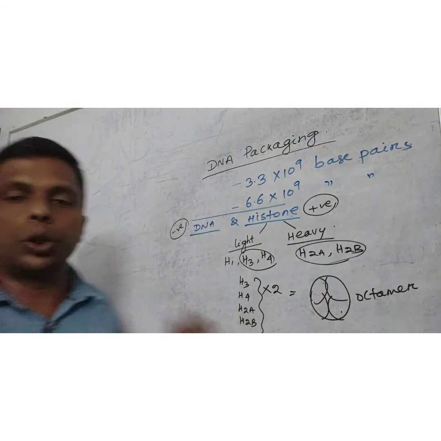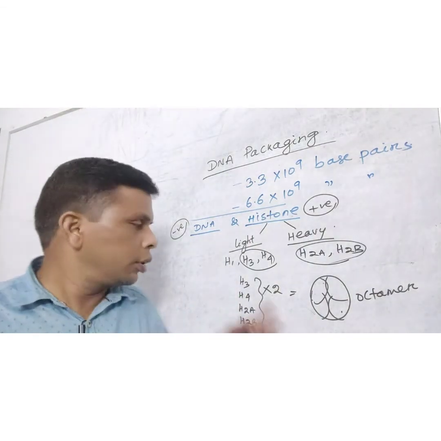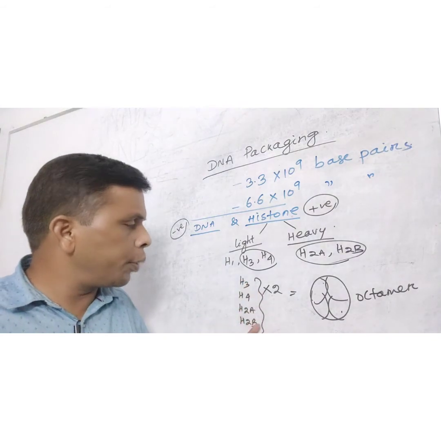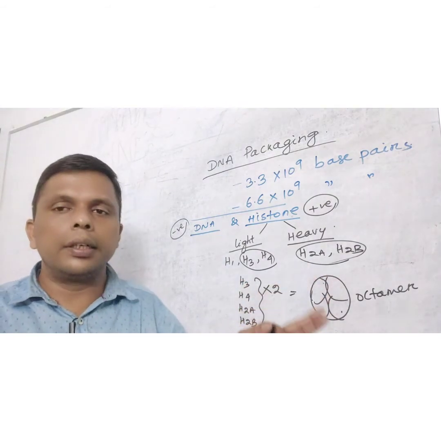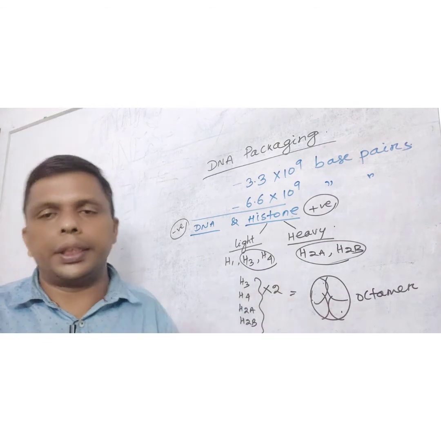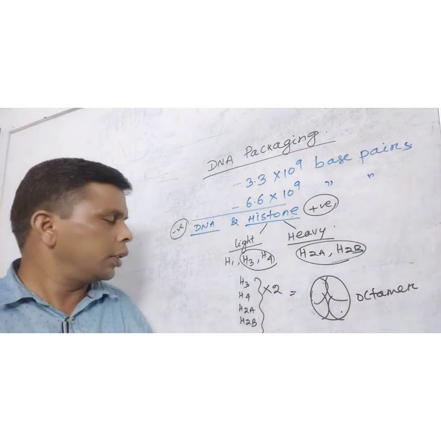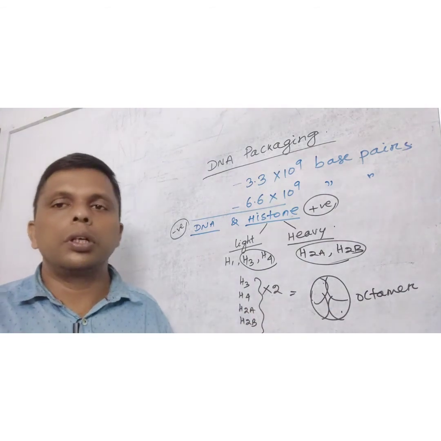How did it become an octamer? Because four types of histones are repeatedly present in it, so it produces an octamer.